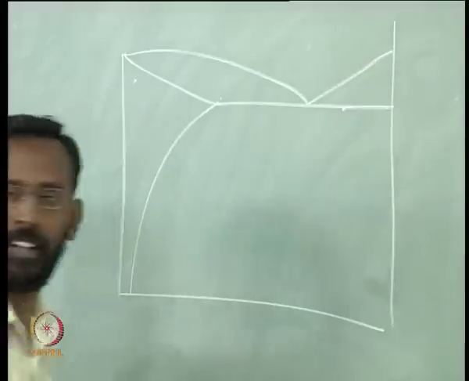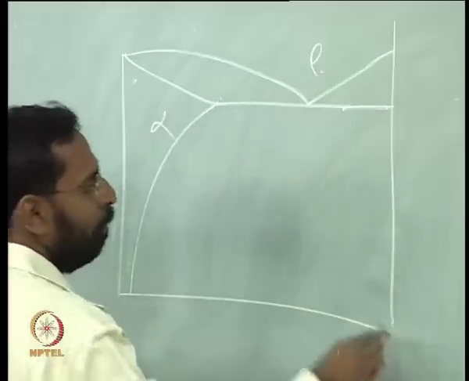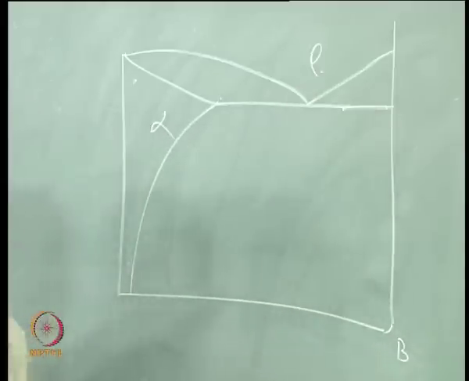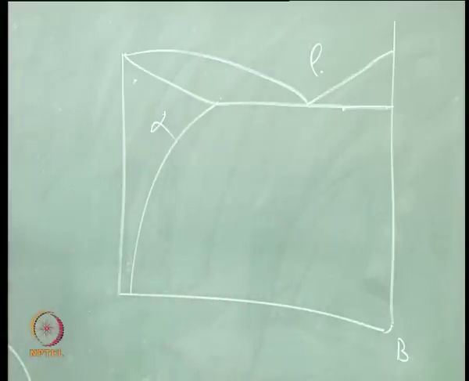let us say a phase diagram like this, where liquid is giving alpha plus beta. You can also put beta if you want, and now this alpha composition changes with temperature. The solubility is changing with temperature. How do I consider this solubility change? Again, do the same equation.